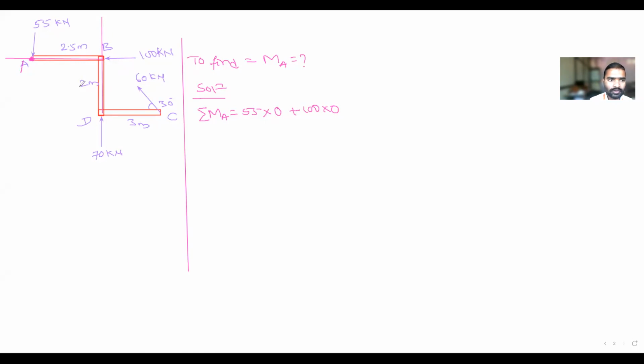Anti-clockwise. So that is minus 70 kilonewton into perpendicular distance 2.5. Next, this is the 60 kilonewton force. I will resolve that into components. This is the horizontal component, I will draw that one.